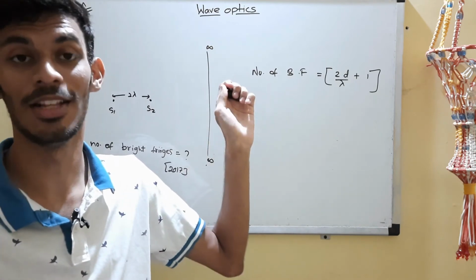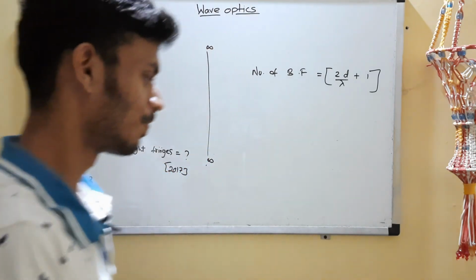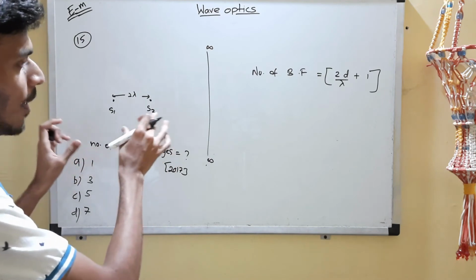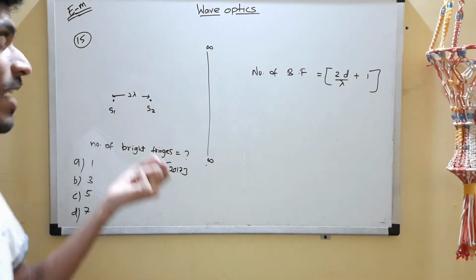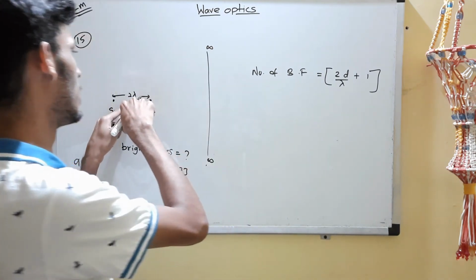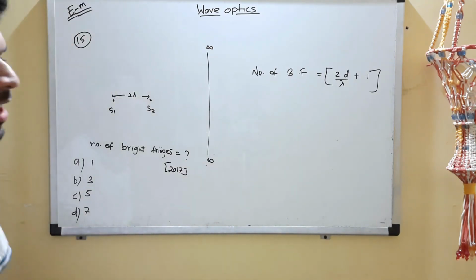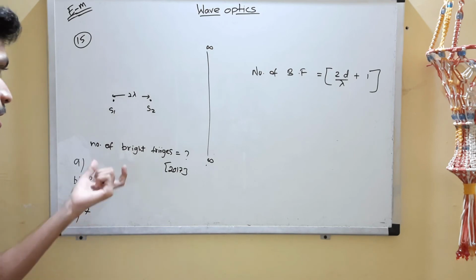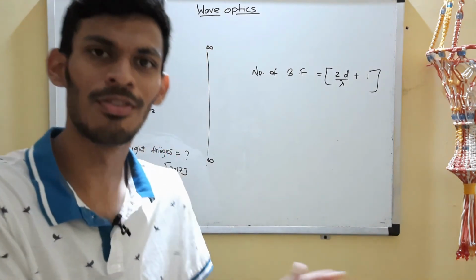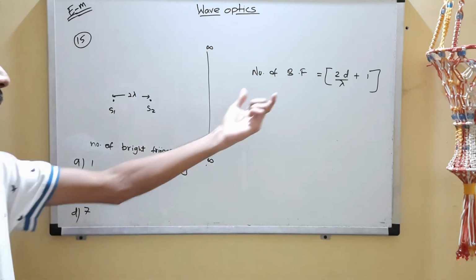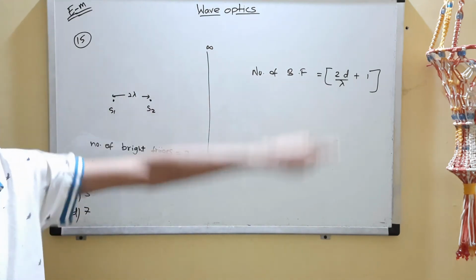Infinitely many fringes are formed, theoretically. But in this case, wherein d, the distance between the two slits, is very much comparable to your wavelength, this distance is just twice the wavelength. So in this case, the number of fringes will be restricted. There will be only a few fringes formed, and for the bright fringes, that number is given by this formula.